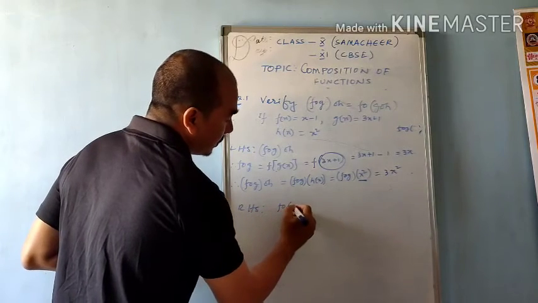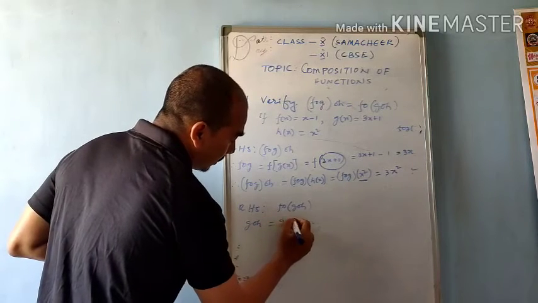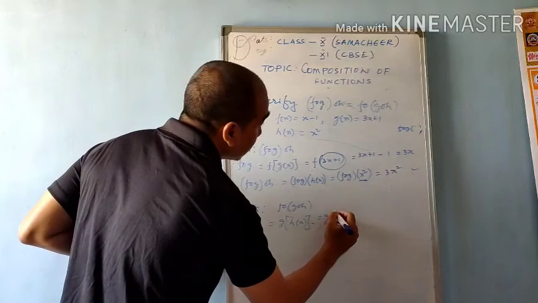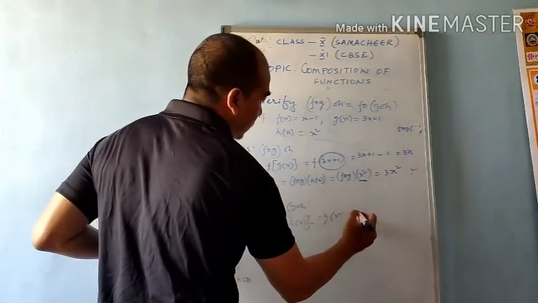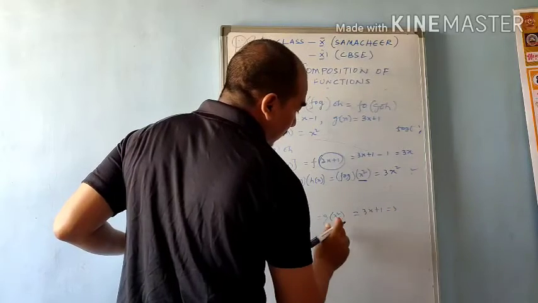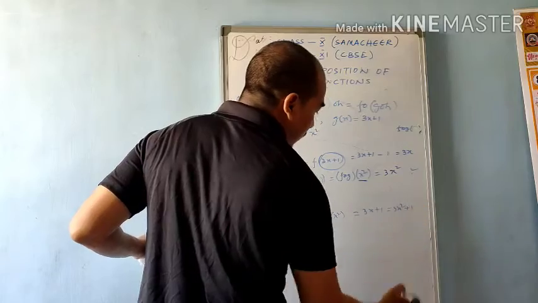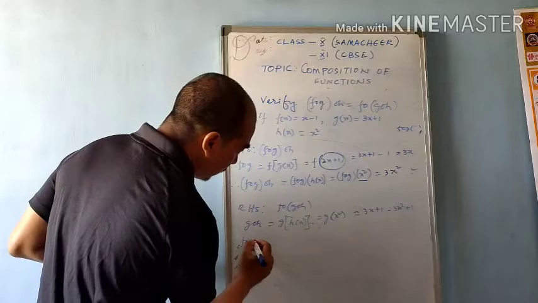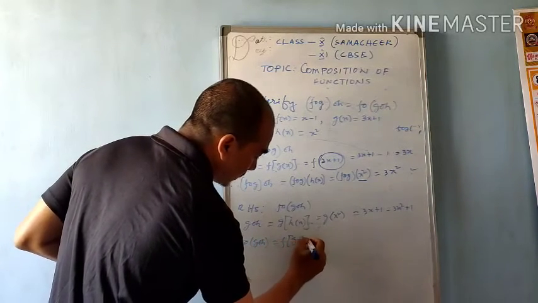Now f o g o h. First find out g o h. g of h of x, h of x is x square. Now it becomes g of x. What is the g of x formula? 3x plus 1. The x value is x square, so 3x square plus 1. Now f o g o h means f of g o h.